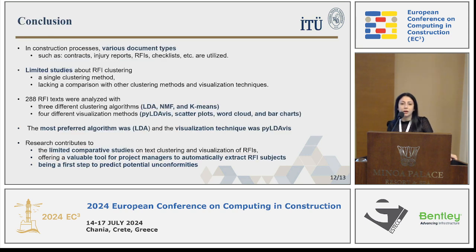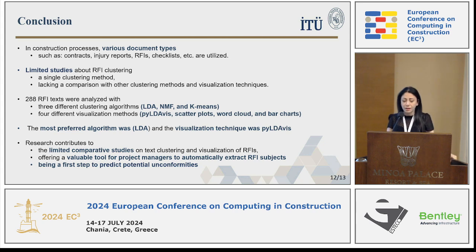To sum up, the construction industry uses distinctive text documents such as contracts, injury reports, RFIs, and so on. But RFI clustering studies are very limited. The studies that cluster RFIs only use a single algorithm and do not provide a comparative analysis. In this research, I analyzed 288 RFIs using 3 different clustering algorithms and 4 different visualization techniques.